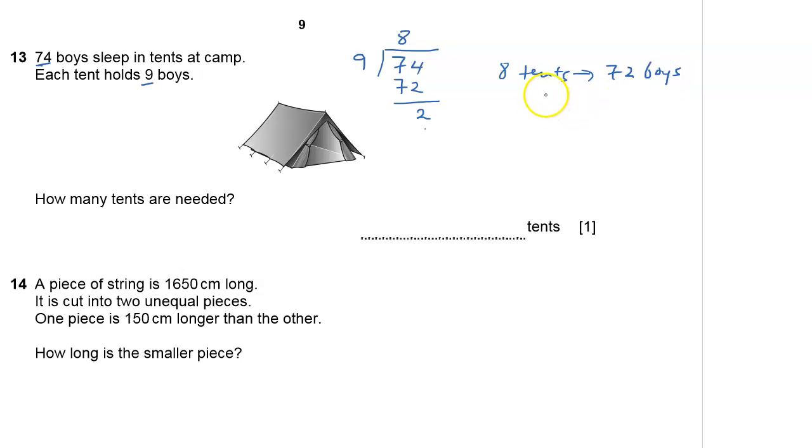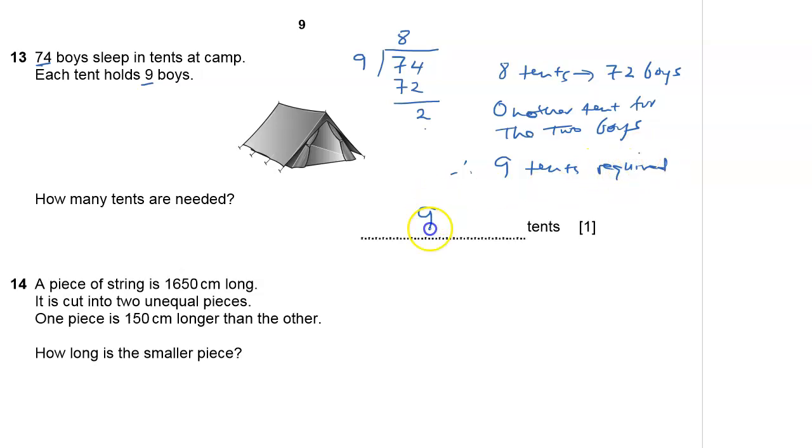But there are 2 boys who are not able to fit in the 8 tents. So you will also require another tent for the 2 boys. So in total, 9 tents will be required. So the answer is 9.